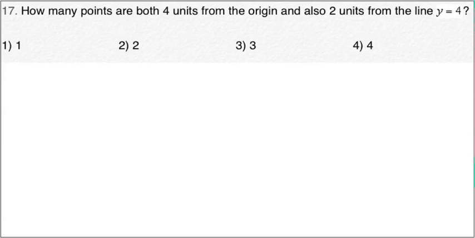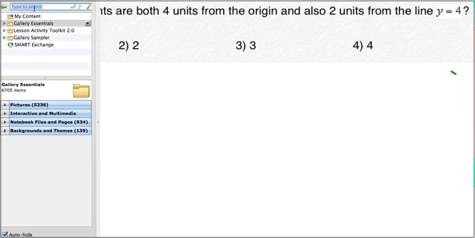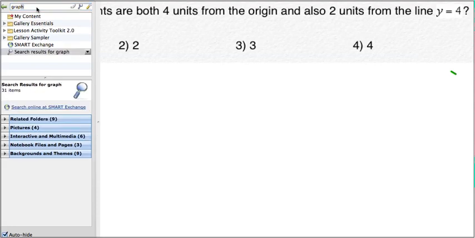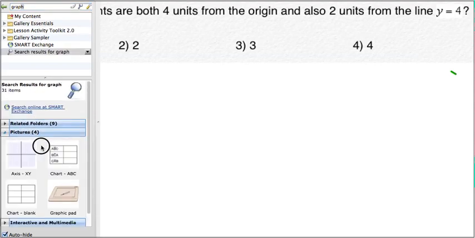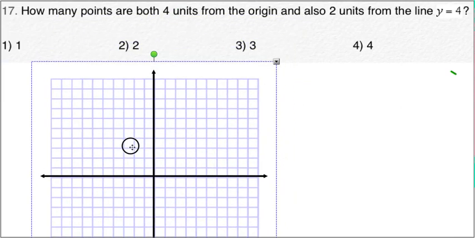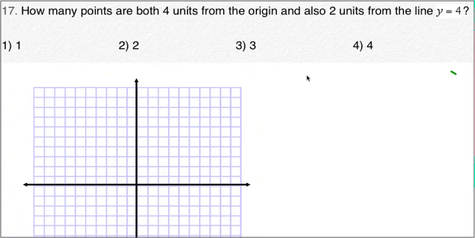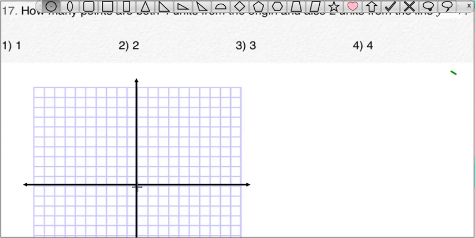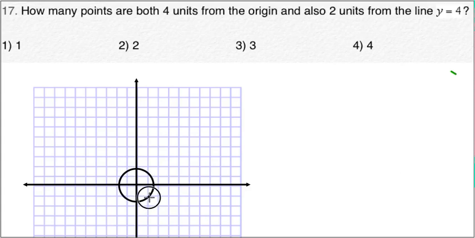Number 17. 4 units from the origin and 2 units. So let's try to sketch. So here we have 4 points from the origin. 2, 3, 4.